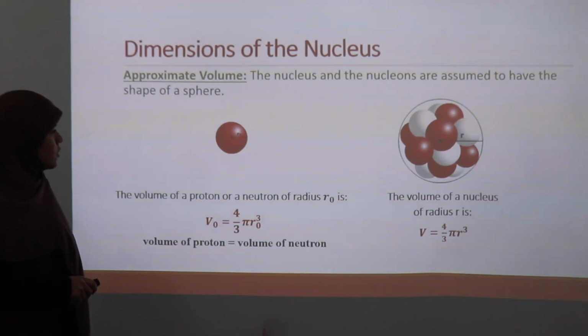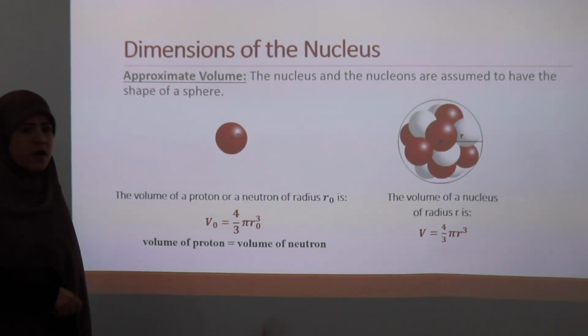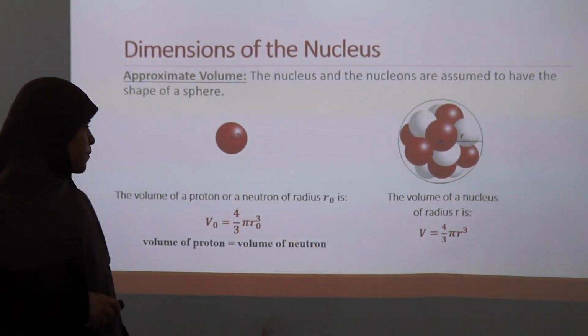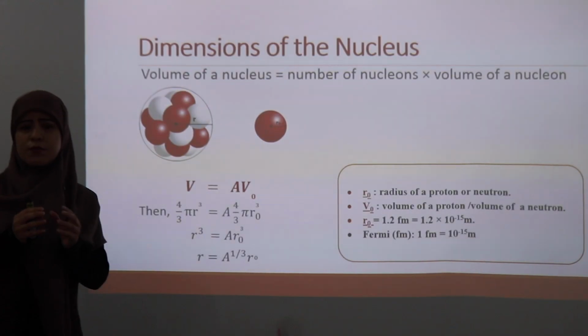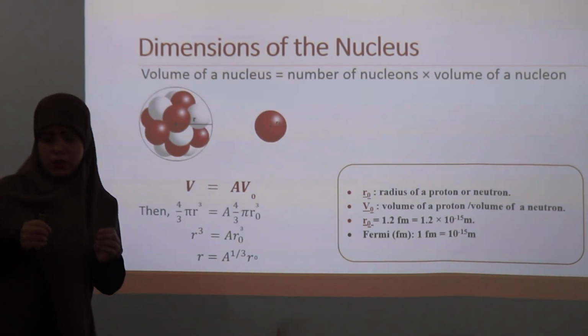The volume of the nucleus is given by V equals 4 over 3 pi r cubed, where r is the radius of the nucleus. Dimensions of the nucleus. If you want to find the volume of the nucleus, you know that the nucleus contains protons and neutrons.